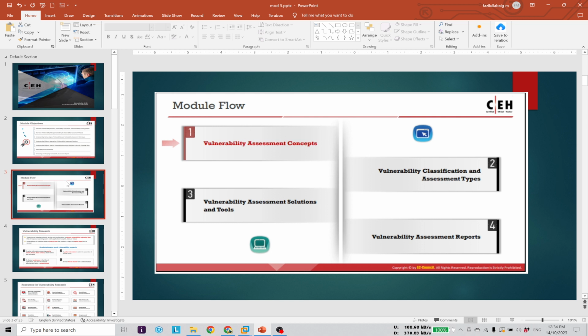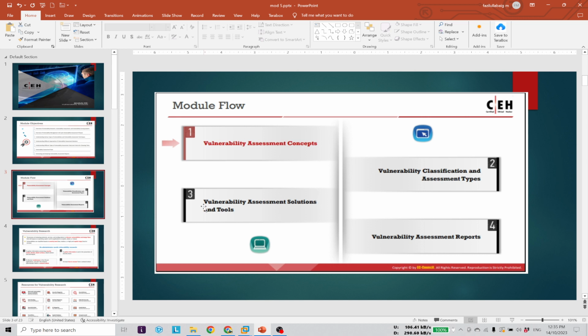We'll see there are four parts in the module flow. In this ethical hacking course we are going to cover only a few things: vulnerability assessment concepts, vulnerability classification and assessment types, and vulnerability assessment solutions and tools. In this we are going to cover only tools, because solutions come under the security system, so we are not going to include that.